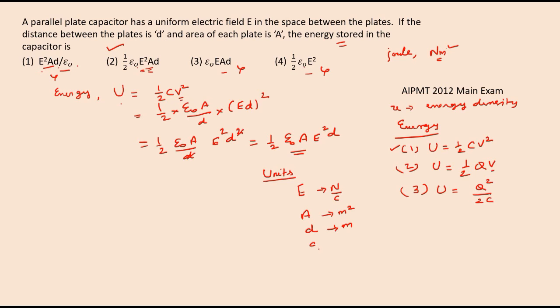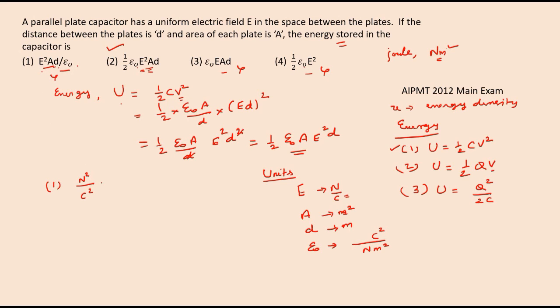Then for epsilon naught, the unit will be coulomb square in the numerator and Newton meter square in the denominator. I have given the units just for quick reference. You will be knowing it, but anyhow. So come to the first option. E square is Newton square by coulomb square.